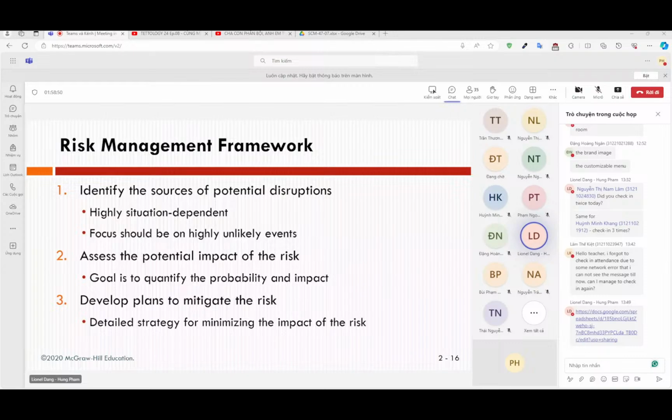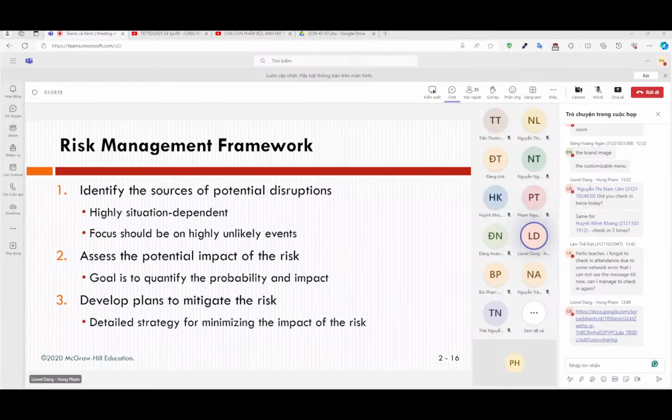And last but not least is developing plans. So the first bullet is to assess the impact. Is it high or is it low impact? That is the first one. And the second one is about the probability, meaning is it likely to occur or not?